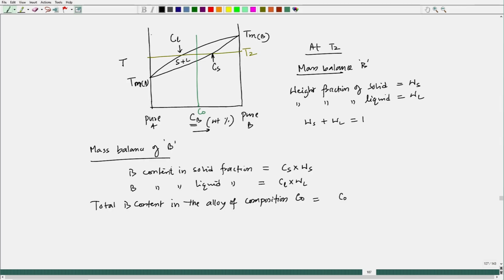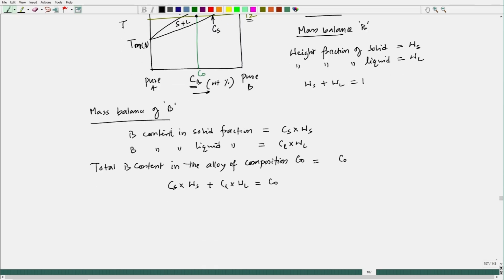Also, if I take the C naught composition, start from complete liquid solution and reach T2, then this composition will distribute into two different phases, solid and liquid solution of composition Cl and Cs as per the equilibrium condition we have learned from the free energy composition lines. So, Cs into Ws plus Cl into WL should be equal to C naught. So, that means B is balanced.